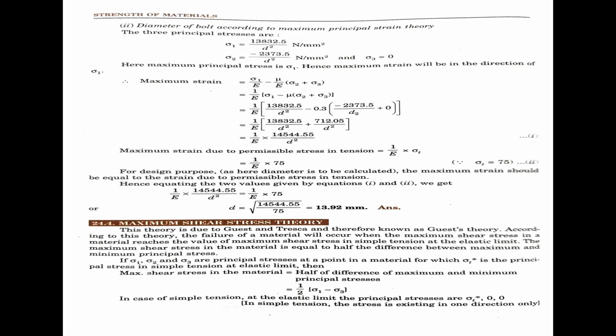Hence, equating the two values given by equation 1 and equation 2, we get the diameter of the bolt d equal to root of 14,544.55 divided by 75, which gives 13.92 mm. So two theories are used to calculate the diameter of the bolt: the maximum principal stress theory and the maximum principal strain theory. This is the process to calculate the diameter of the bolt.